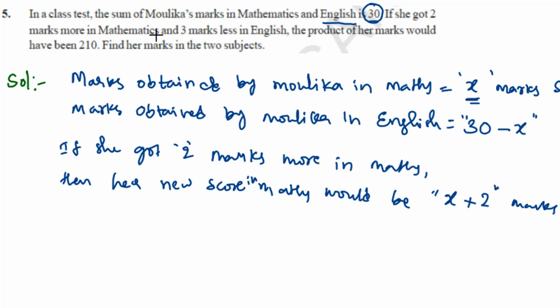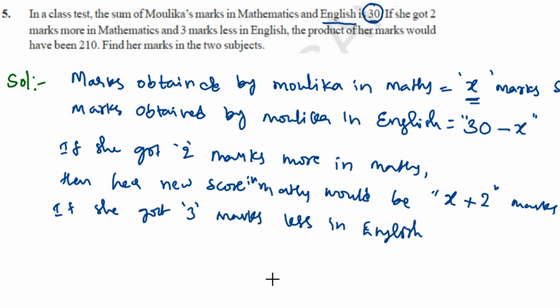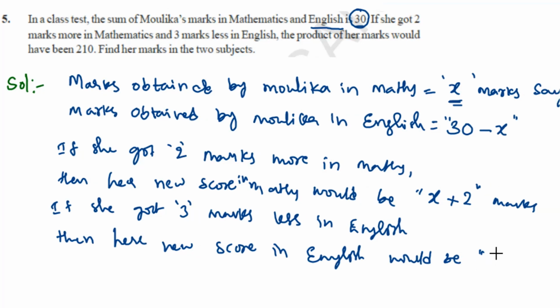And next what we have? 3 marks less in English. So if she got 3 marks less in English, what would be her new score in English? We have to subtract 3 from her English marks. So her new score in English would be 30 minus x, and from the English marks we have to subtract 3.